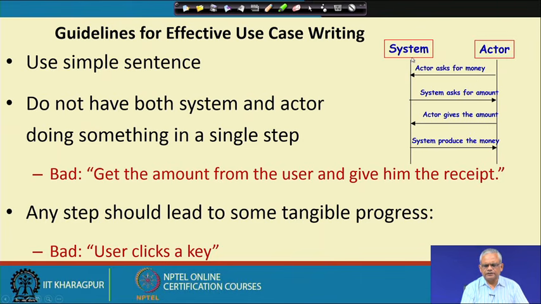Initially the actor initiates, the system responds and asks for something, the user enters it, the system responds and so on, and therefore, we must write it in the same way.